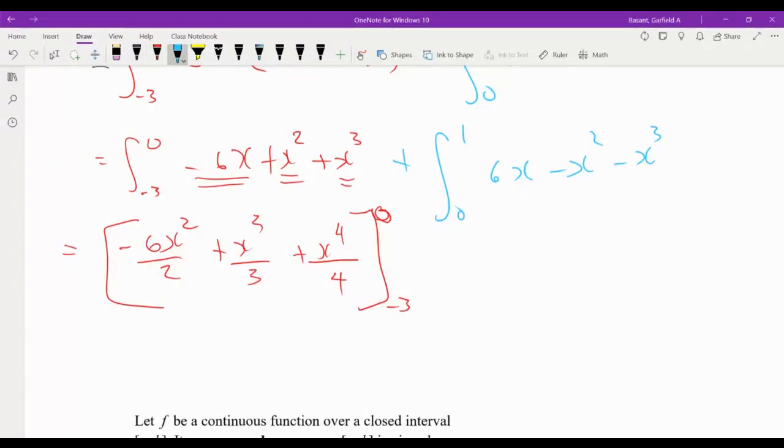And on the right side, this becomes 6x squared over 2 minus x to the third over 3 minus x to the fourth over 4. And for this side, we're plugging in 0 and 1.